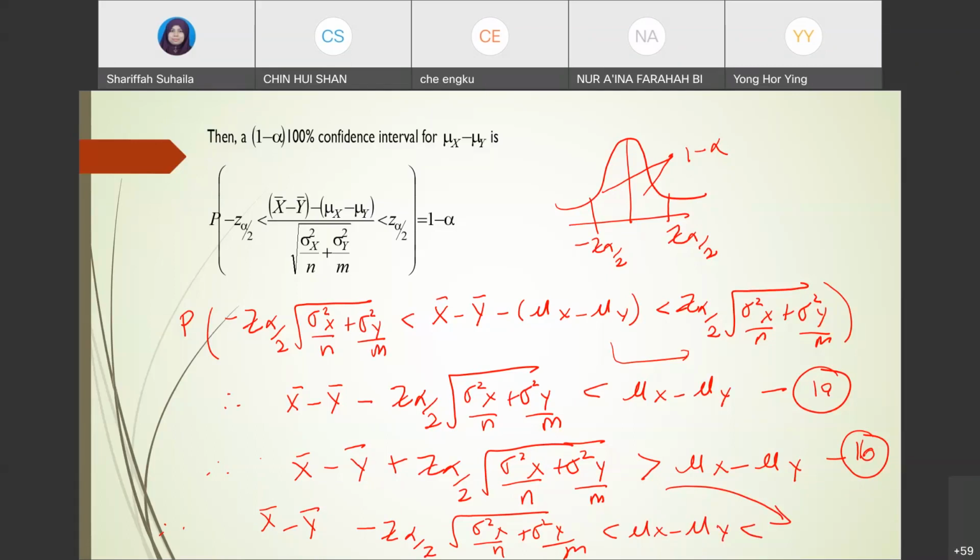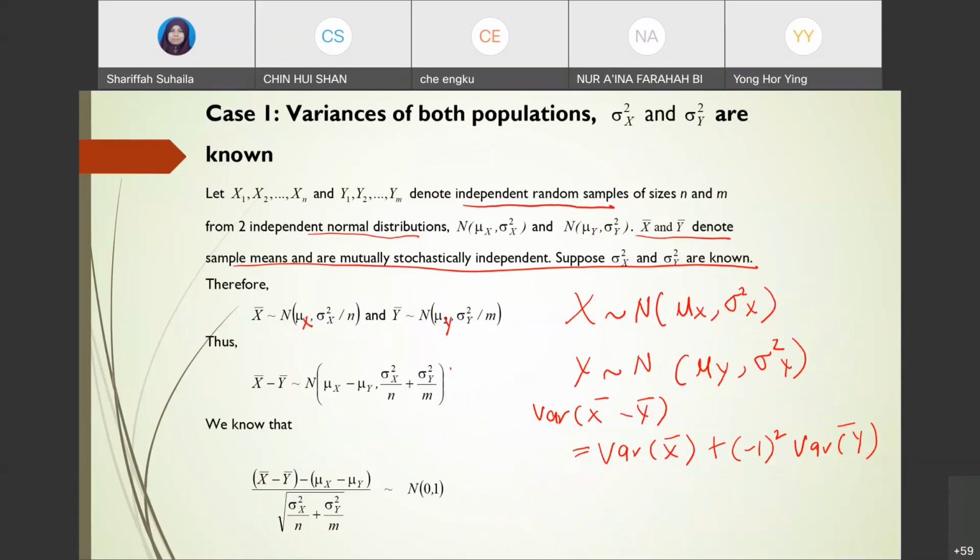Okay. So yang pentingnya kat sini, so kita ada case dia, case sigma square x and sigma square y are known. So that means you don't have to estimate your variance. Okay, because that one is already given. So what you have as your random variable is just x bar and also y bar. So both x bar and y bar are mutually stochastically independent. So x bar is normally distributed with mu x, sigma square x over n.